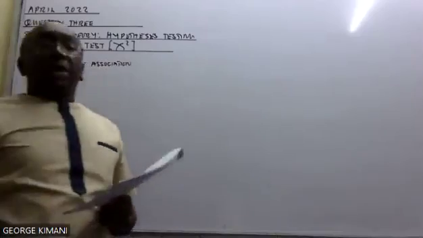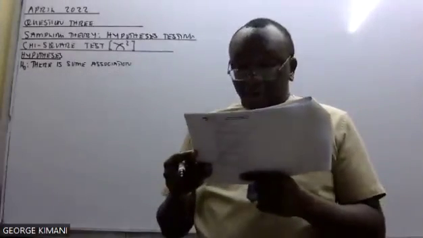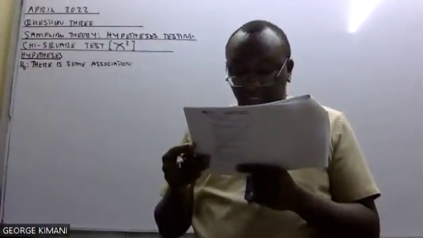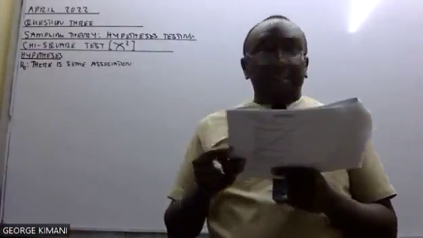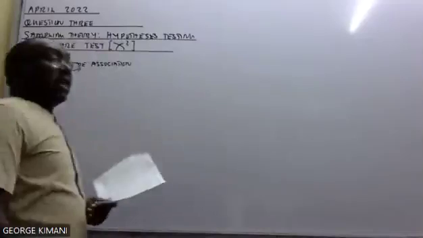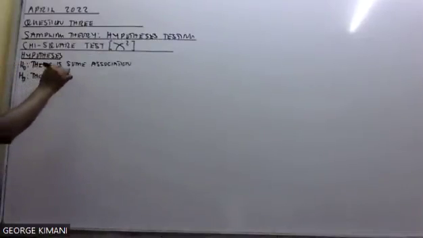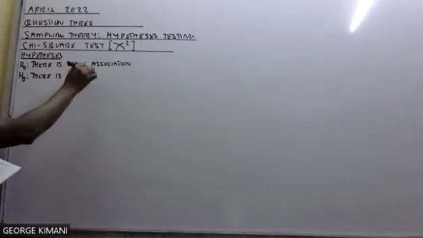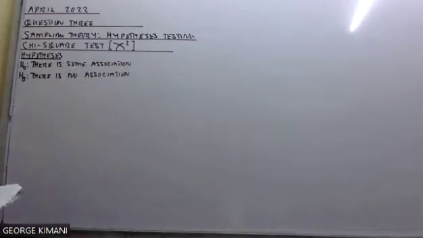You can leave it at that point, or you can tell us association between who and who. Like now in this case, there is some association between the two strategies. In the alternative, we say there is no association.